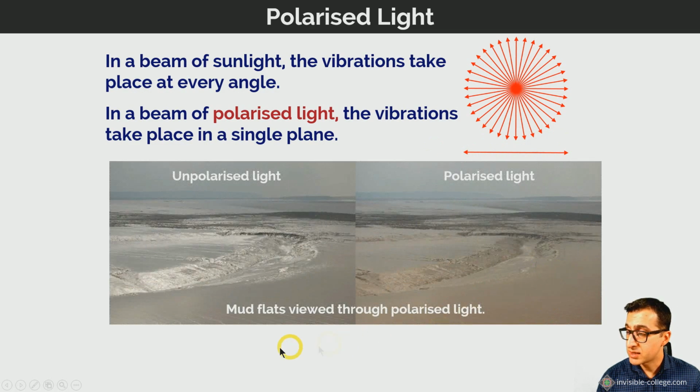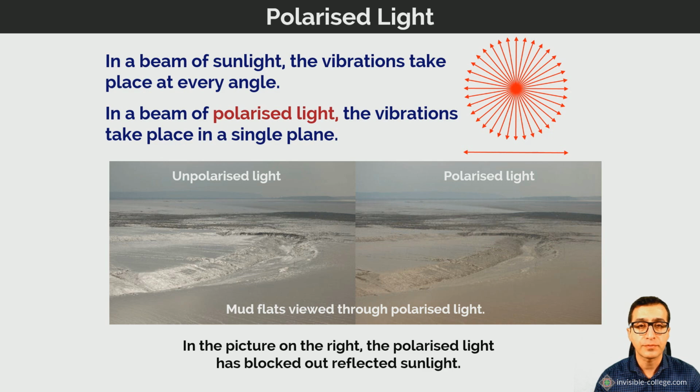If we look at an image viewed through no polarizing filter in a camera versus one viewed through a polarizing filter, you might see this kind of image difference. In the picture on the right, the polarizing filter has blocked out reflected sunlight and all rays of light which are vibrating in any direction except that one direction, and you can see that this has an appreciable impact on the image.